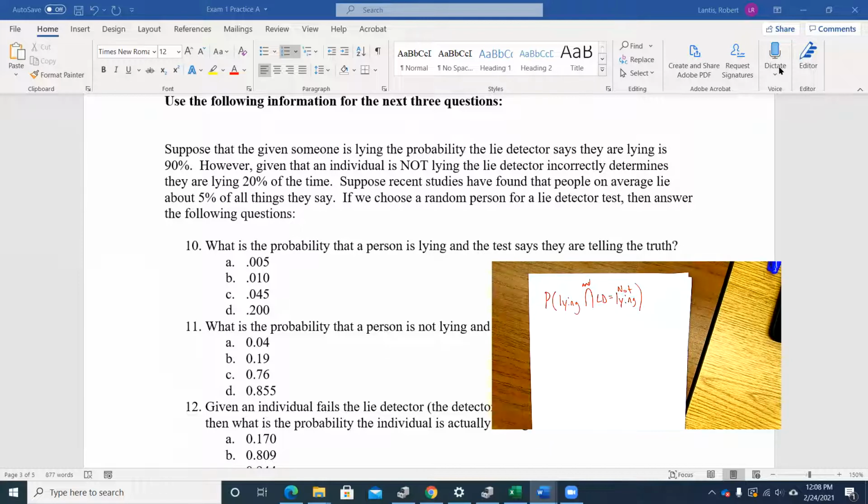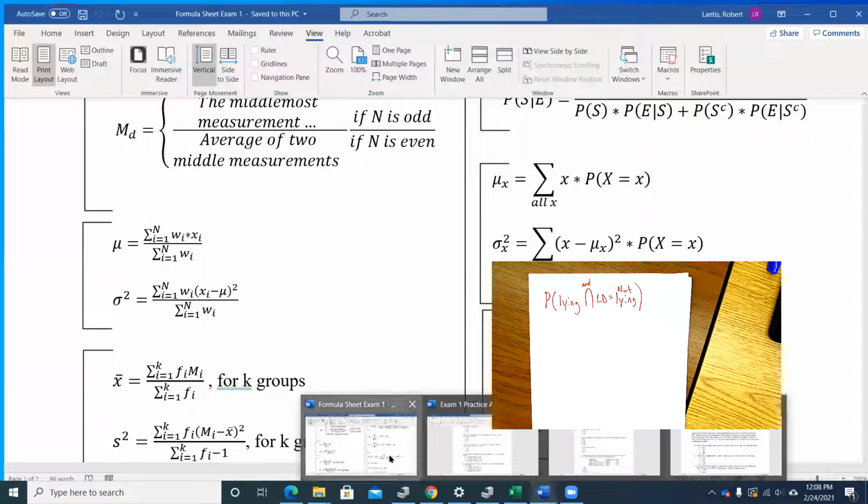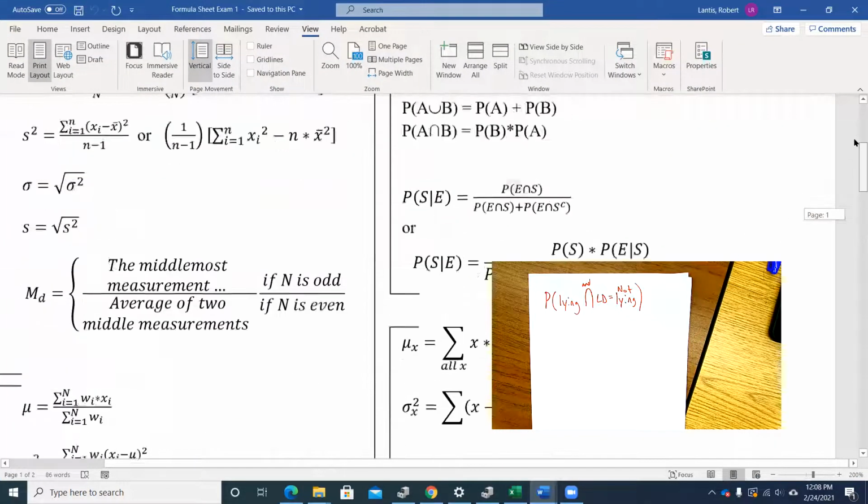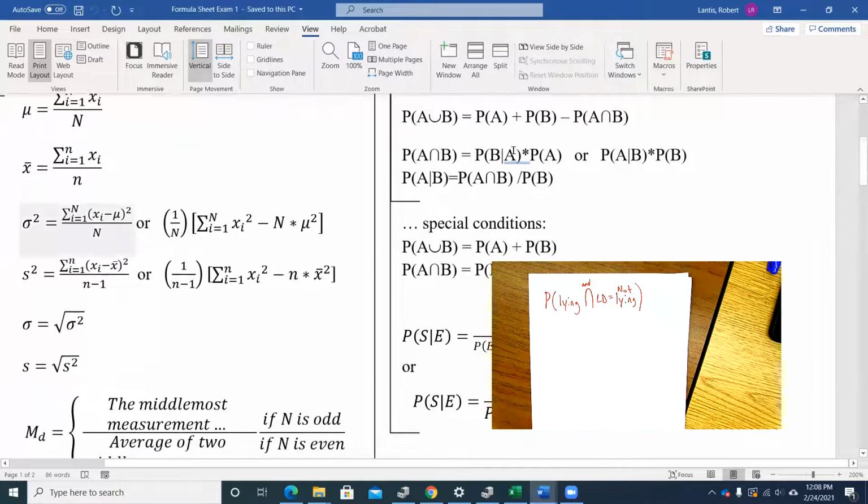So anytime we want to find the intersection of two events, we'll go to our formula sheet, scroll up. We've got this equation here, which is anytime we have the intersection of two events, we can rewrite that as the conditional probability times what we're conditioning on.